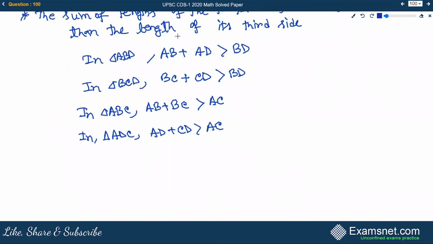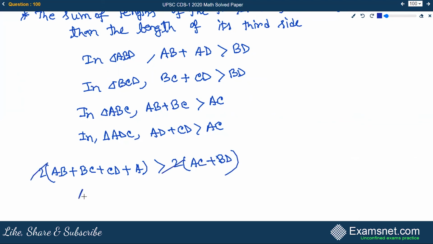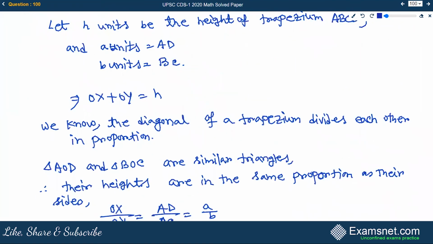Now, if we add these four inequalities, we will get twice of AB plus BC plus CD plus AD greater than twice of AC plus BD. If both the twos get cancelled, we are left with only AB plus BC plus CD plus AD greater than AC plus BD. Now look at the third statement given to us.